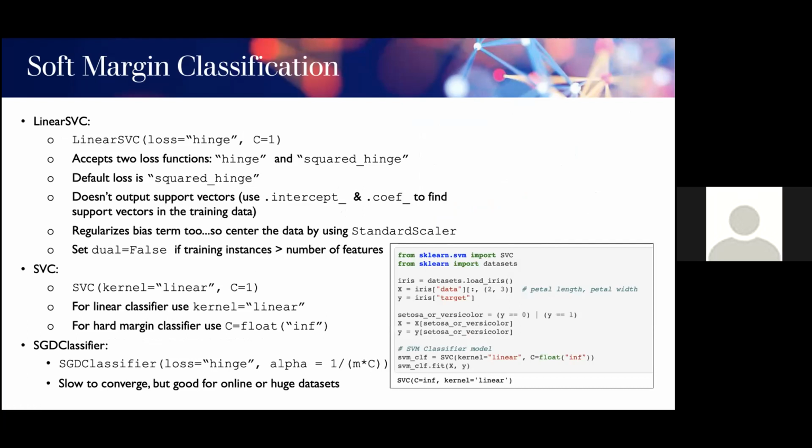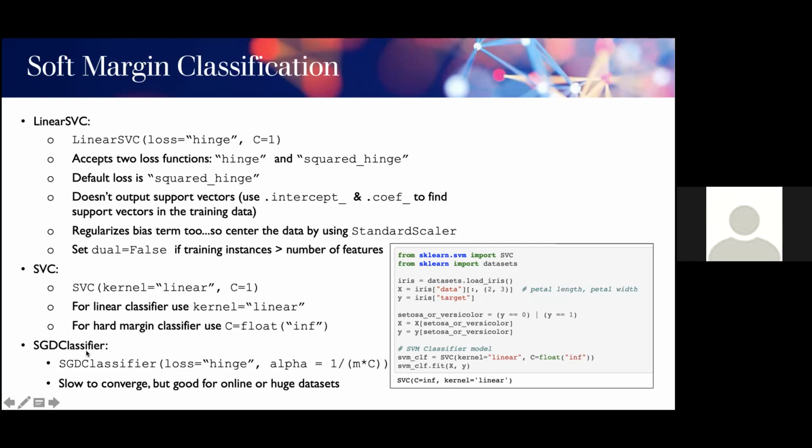Within the soft margin classification chapter, the author presents 3 different ways of performing support vector machines, and I thought I would summarize them here. The estimators, the language that Scikit-Learn uses for these classes. There are 3 estimators: LinearSVC, SVC, and SGDClassifier.